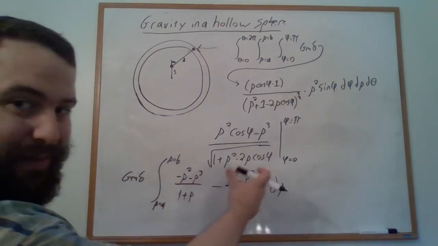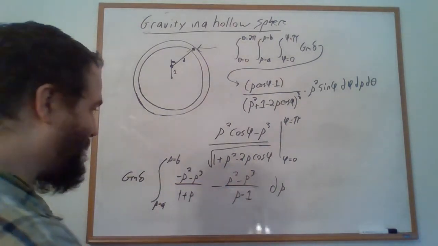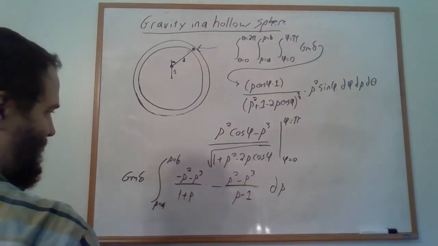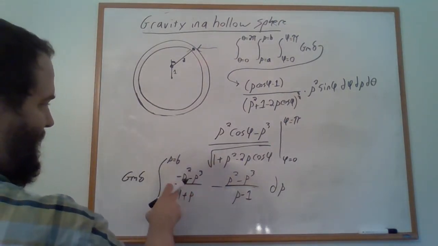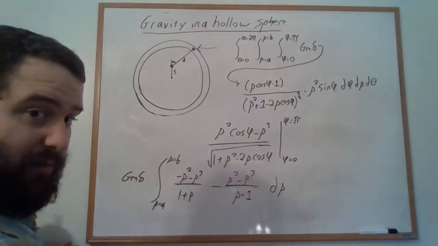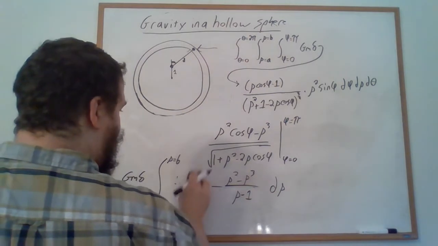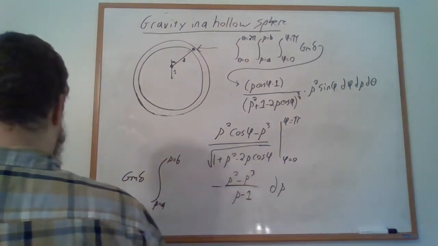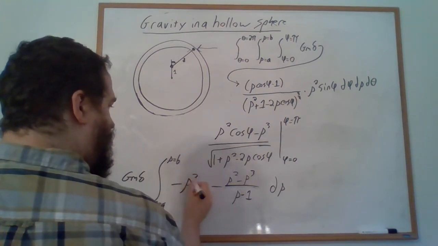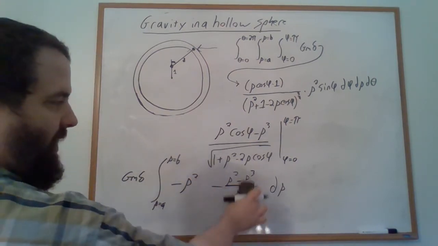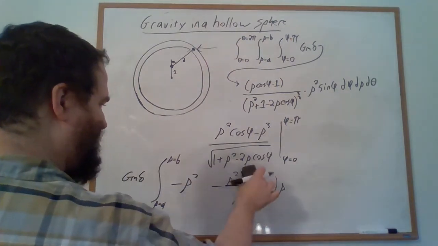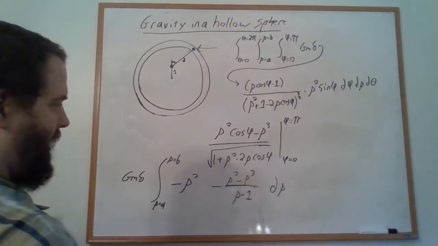And now we do a little bit of polynomial arithmetic. This here is negative rho squared, right? If we cancel out a 1 plus rho from the top and bottom, we'll get a negative rho squared. And then if we cancel out a rho minus 1 from the top and bottom here, it's in the wrong order, but that's okay.